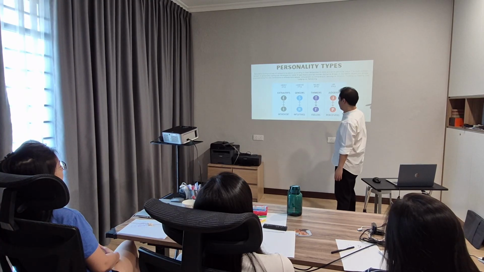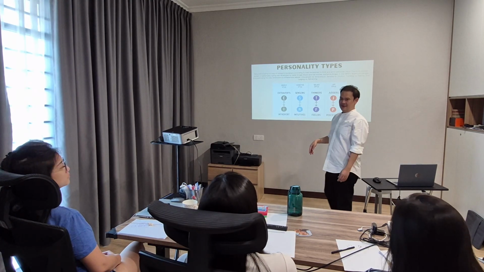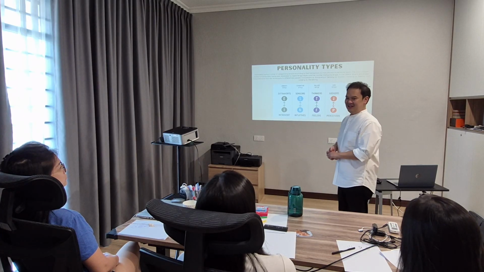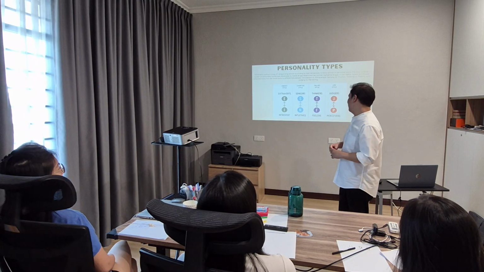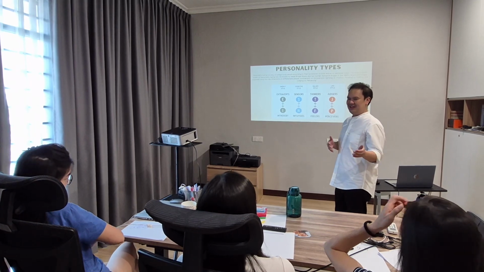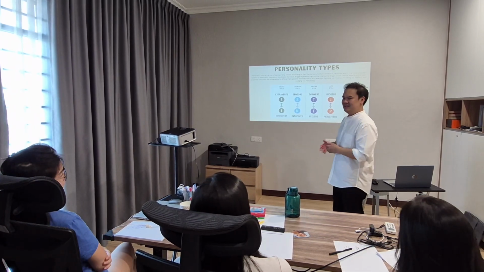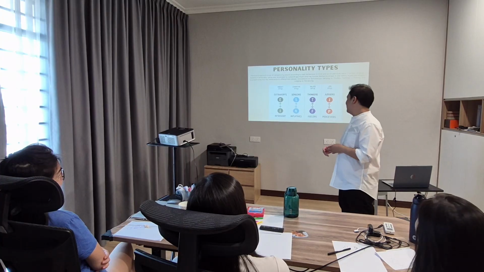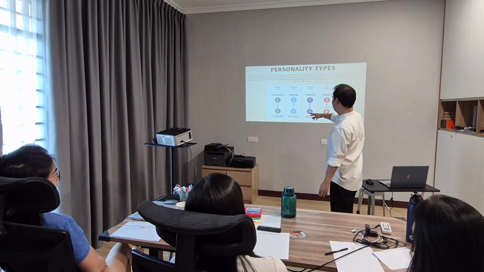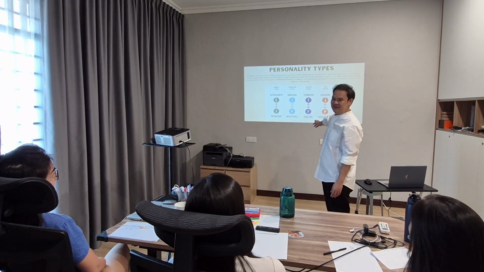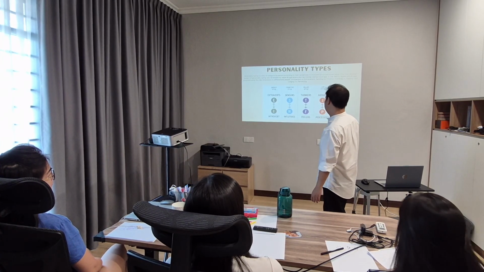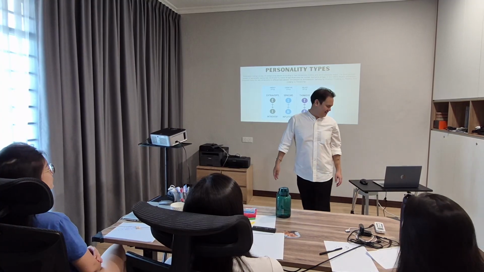And for your lifestyle, you have judges and perceivers. So judges means judgmental, is it? No, it doesn't mean judgmental. It means people who are more planners, they are very organized and meticulous. So based on these 4 quadrants, we are able to get 16 different personality types, which I will explain more later as we go through this lecture.